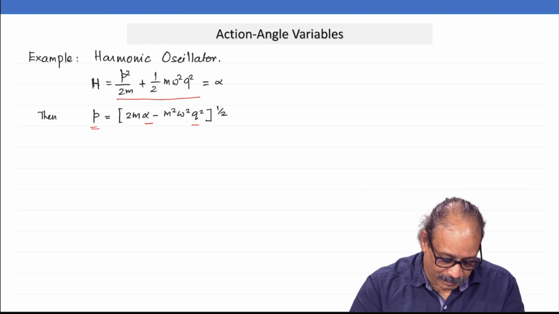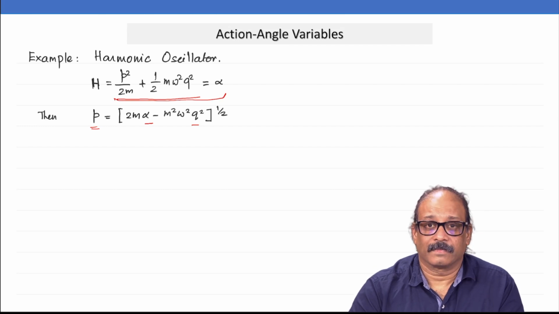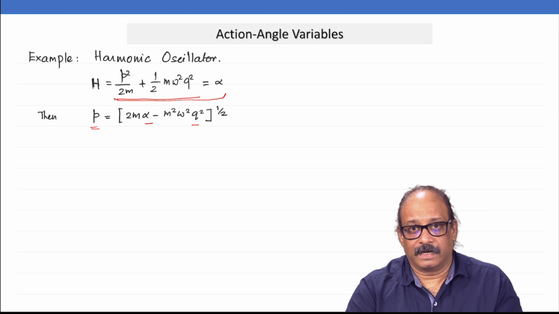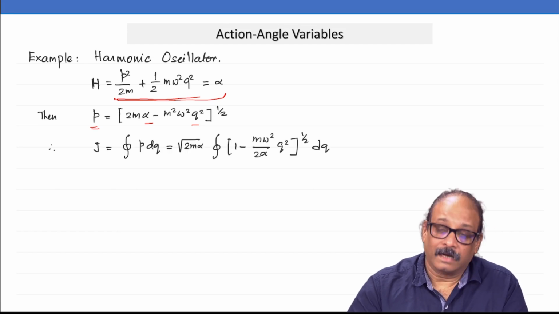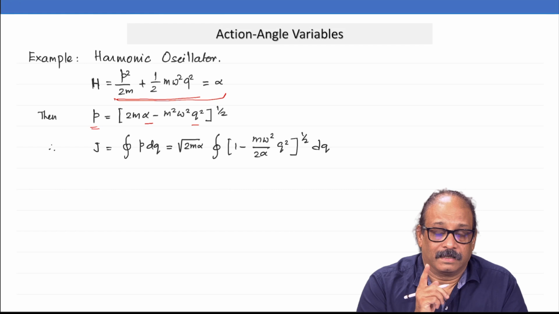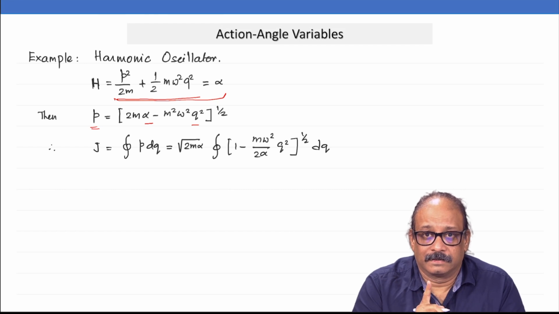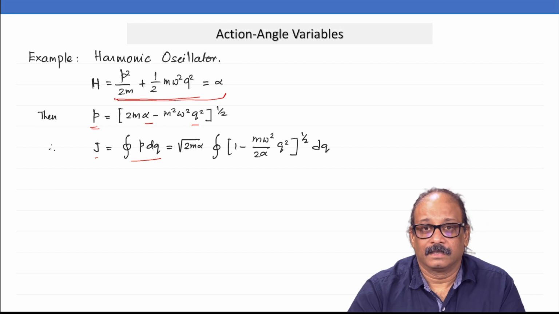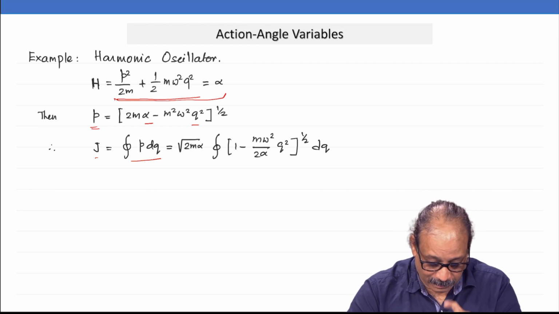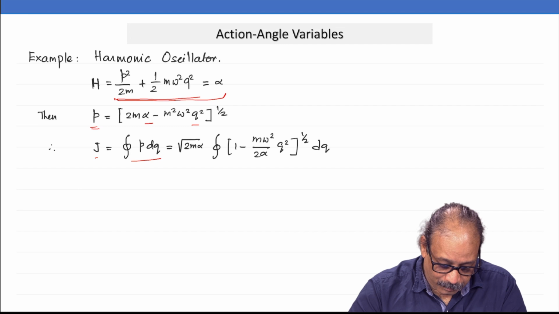This is just obtained by inverting this relationship or rearranging this expression there, and then calculate J. Remember, to calculate J I must integrate that p over one cycle, remember that. So, I will put that p there.